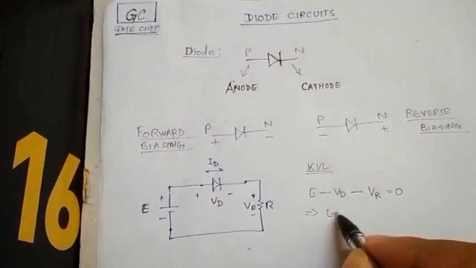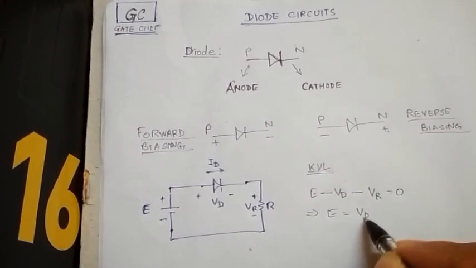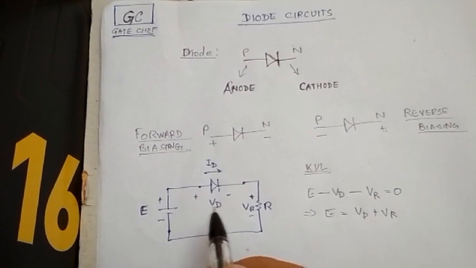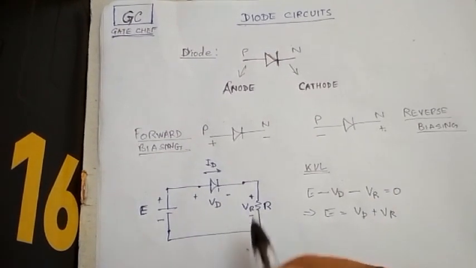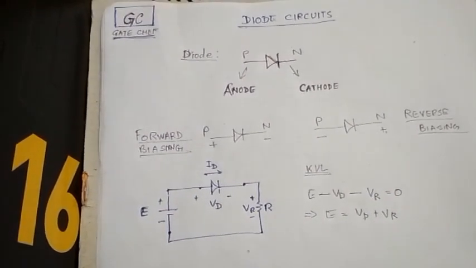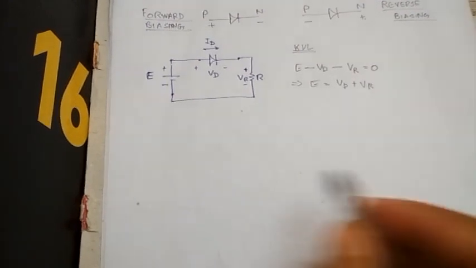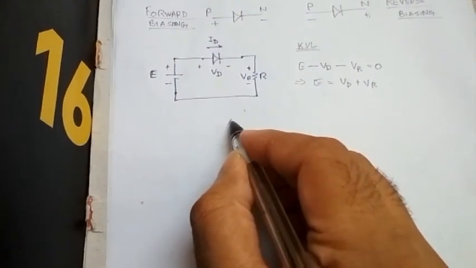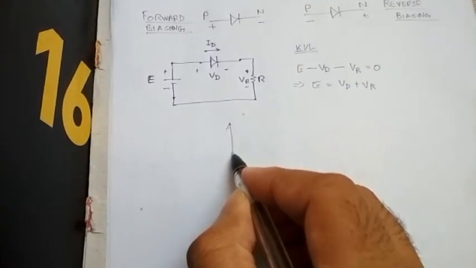Therefore E is equal to VD plus VR, that is, the voltage drop across the diode and the voltage drop across the resistance VR. Now we are going to draw the load line characteristics of this diode.